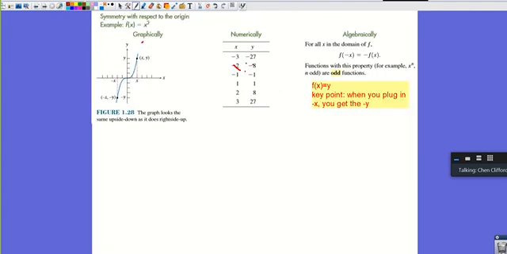This is 2, 4. And this is negative 2, negative 4. Here, if you plug in a negative x, you should get a negative y. That's the key point.